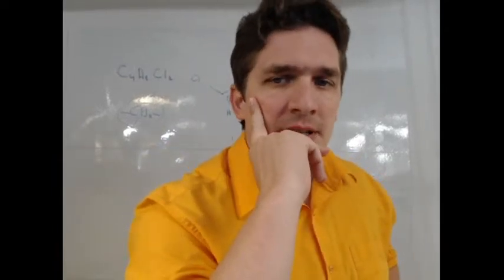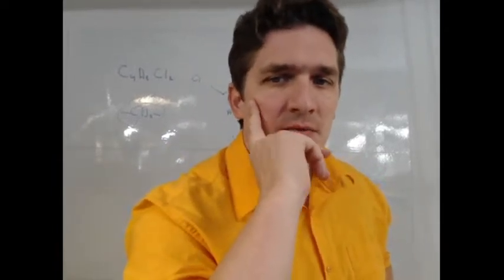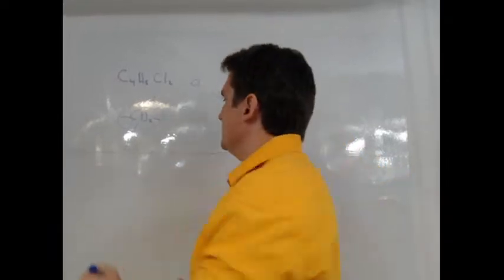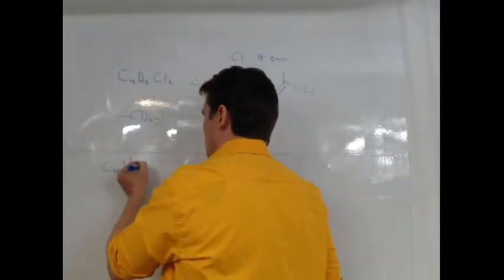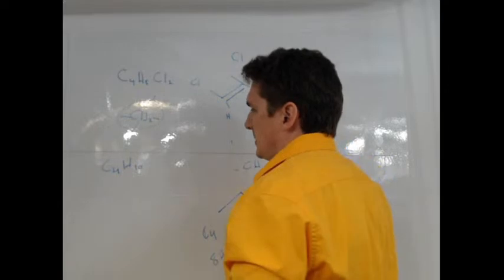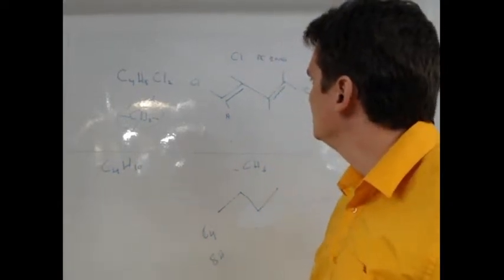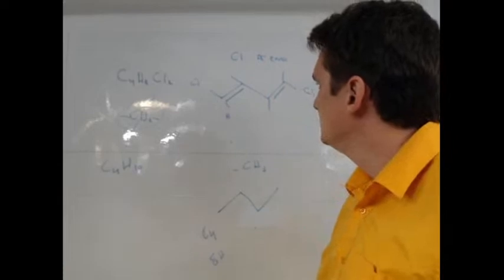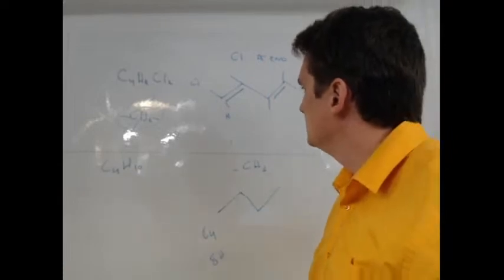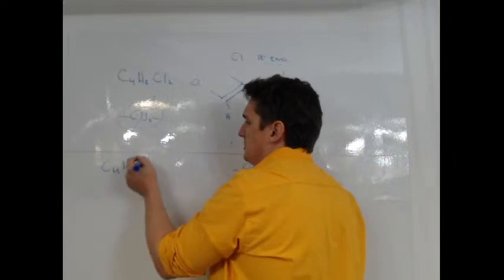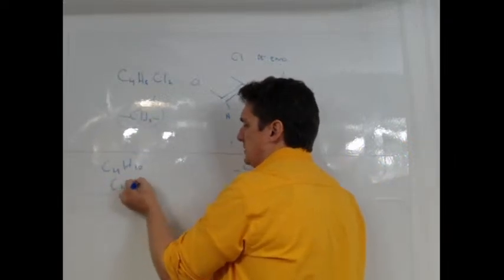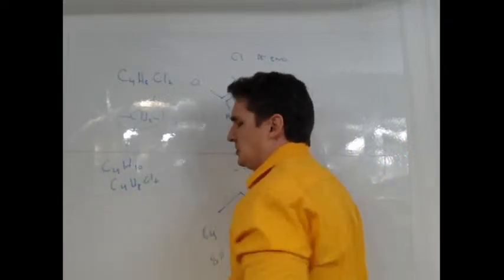So the formula for an alkane with four carbons would be C4H10, so this is a saturated carbon. Because when we add the 2 Cl's, we would replace 2 hydrogens with chlorines.